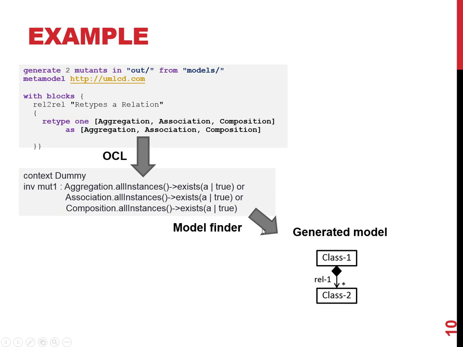Then this OCL is loaded into the model finder along with the corresponding OCL of the UML class diagram metamodel. And here we present an example of a generated model. This model has a composition object. Thus, this mutation operator will be applicable over this generated model.